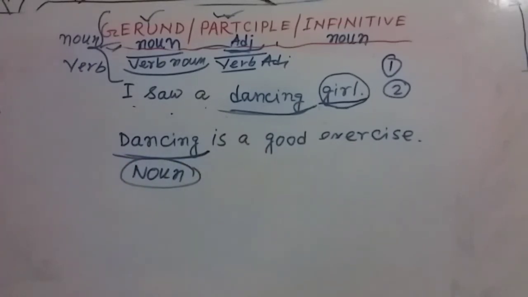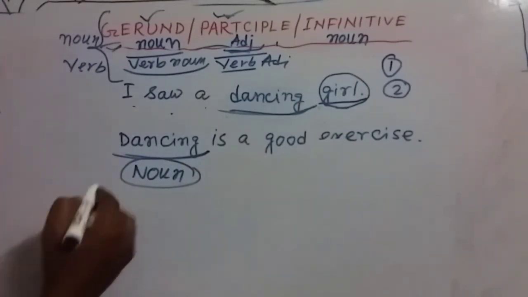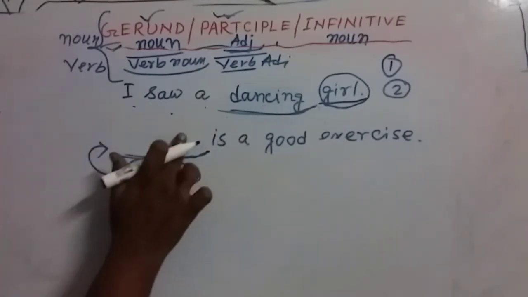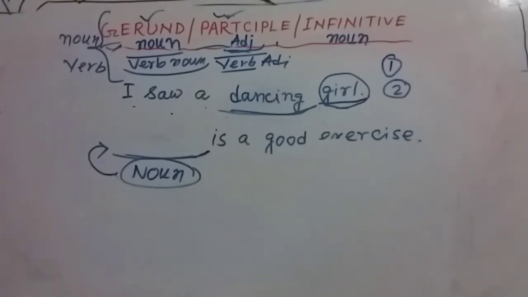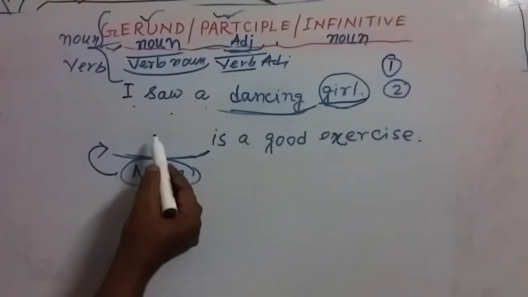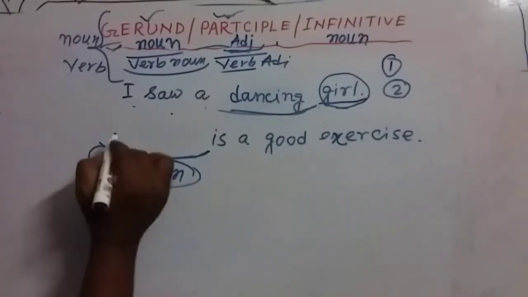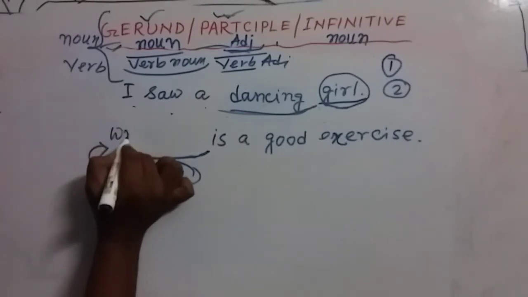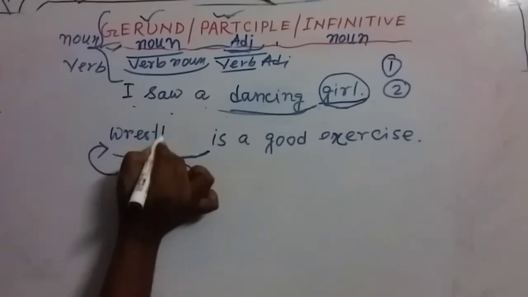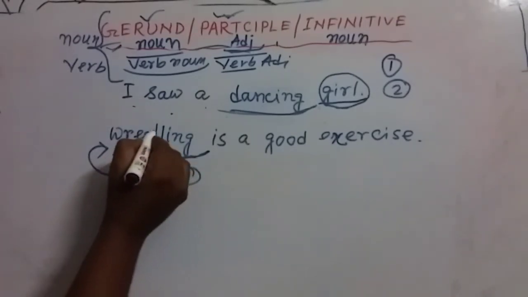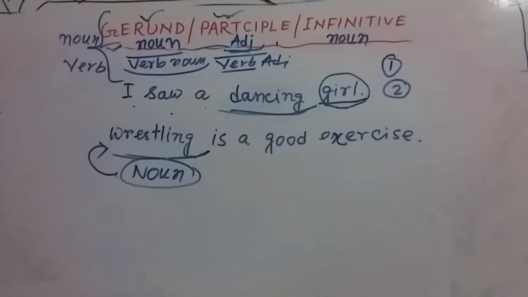Now you just replace this one. Do not use this term. You just write down another noun here, which resembles this one. It was dancing, and I am replacing this word with another noun. Suppose I write down wrestling. Wrestling is a good exercise.